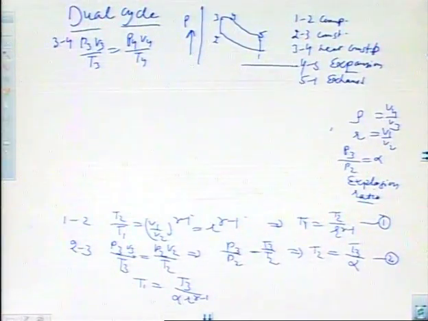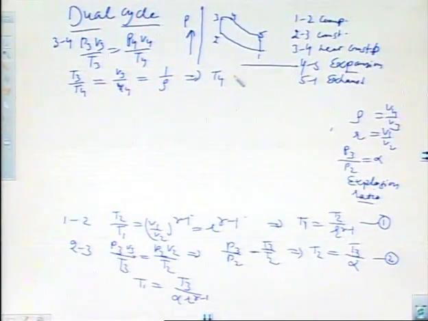As the pressure is constant, we can write it T3 divided by T4 is V3 by V4. As we know, V4 by V3 is equal to rho, and T4 is nothing but rho T3.